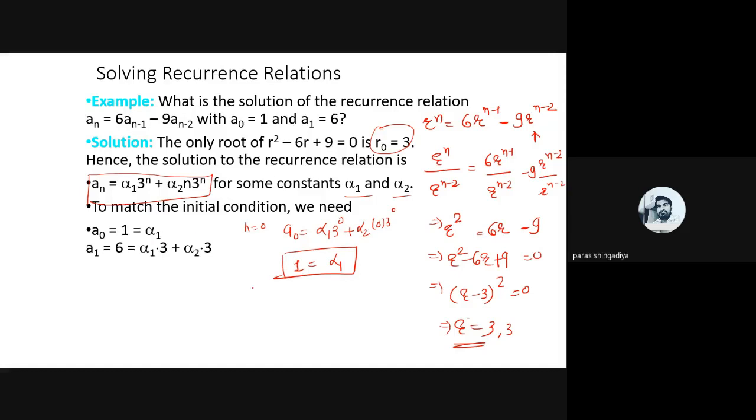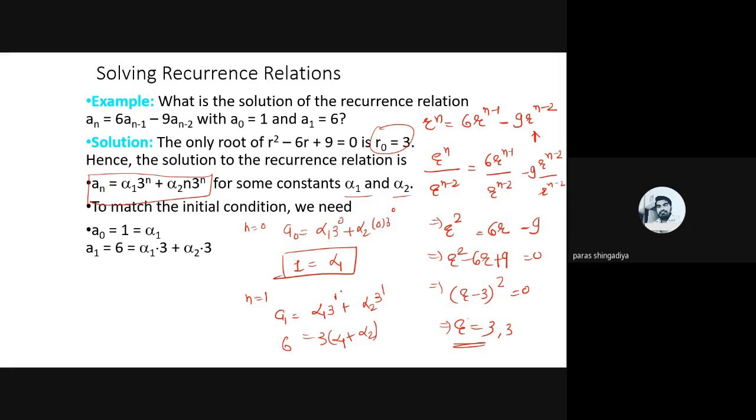And now for n = 1, we get a1 = alpha1 3^1 + alpha2 1 3^1, meaning 3 alpha1 + 3 alpha2, and here it is 6.